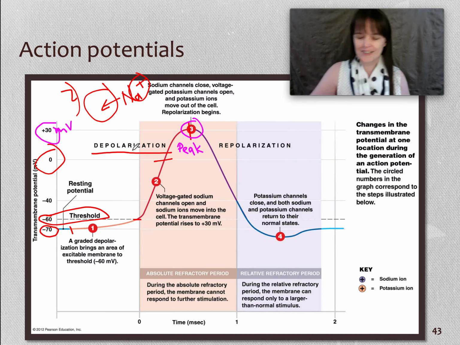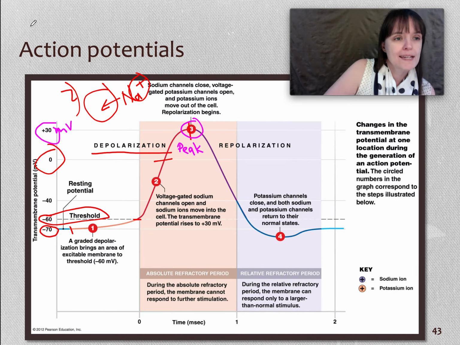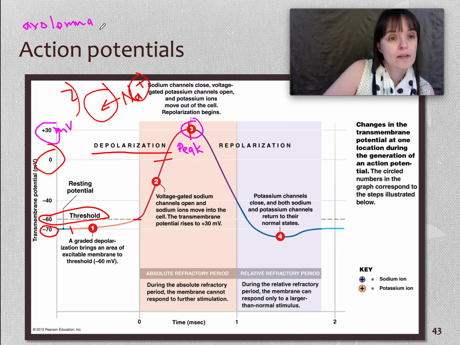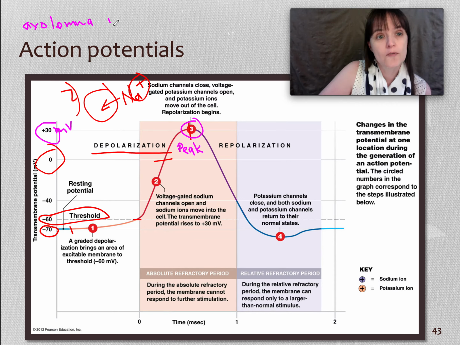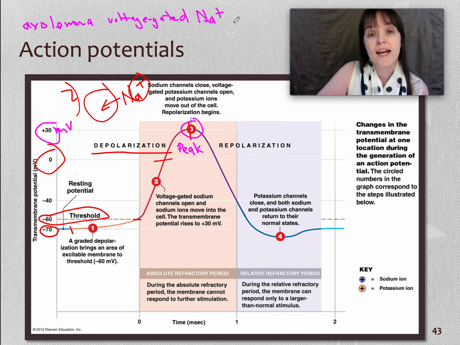Well, we haven't talked about those yet. In the axolemma, you have both voltage-gated sodium channels, which are the ones we saw, with an activation gate and an inactivation gate, and you have voltage-gated potassium channels.